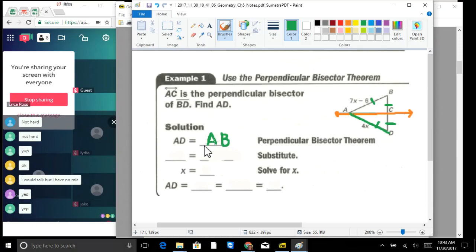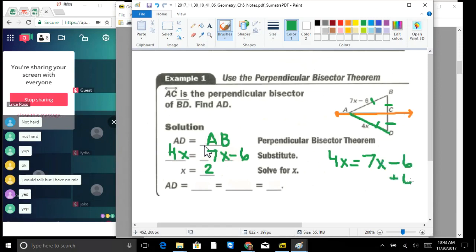Okay, and then we just do some algebra. So AD is equal to 4x, and AB is equal to 7x minus 6. And if we solve for x, we end up that x equals 2. So let me solve for x off to the side here. 4x equals 7x minus 6.